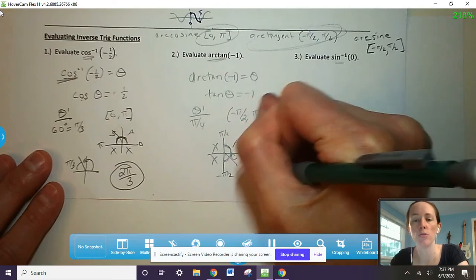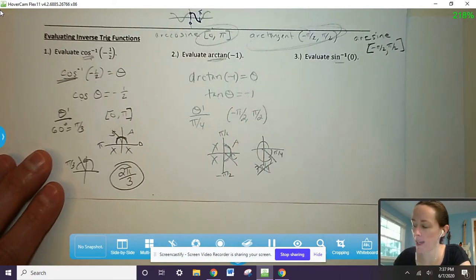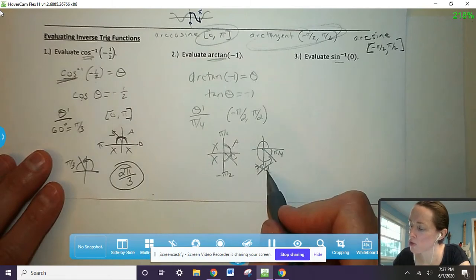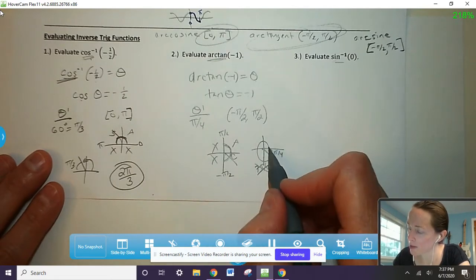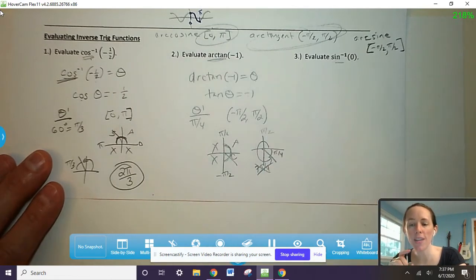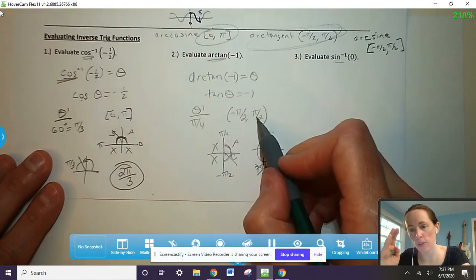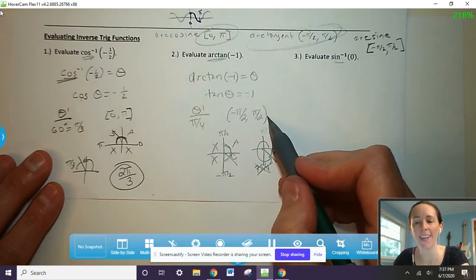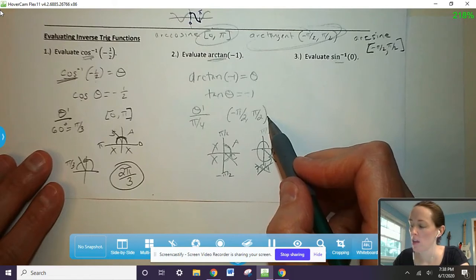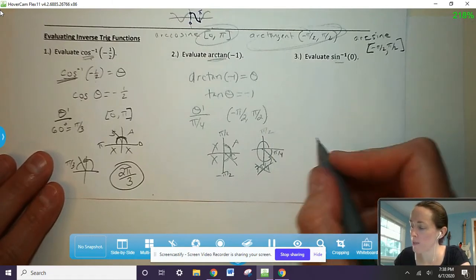So the angle in quadrant 4 that has a pi/4 reference angle, we usually call it 7 pi/4, but you're not allowed to here. You can't call that angle 7 pi/4 because to draw 7 pi/4, you had to go past pi/2. The largest angle you're allowed to have is just smaller than pi/2 because of those parentheses. You're not allowed to have an angle that's bigger than this. So what we have to do is rename the angle.